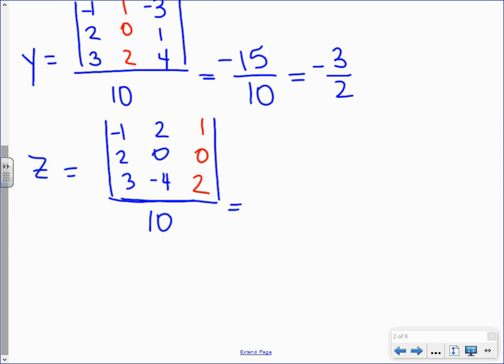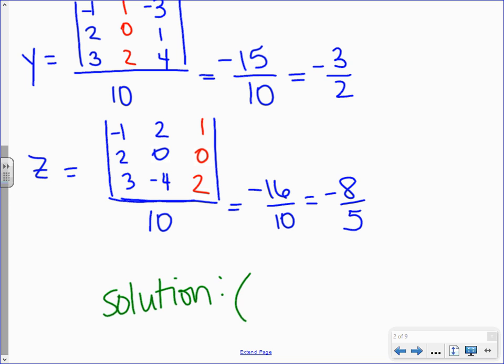I will go ahead and tell you that the determinant of that numerator is negative 16. And so z is negative 8/5. So the solution to our system is 4/5, negative 3 halves, negative 8/5.